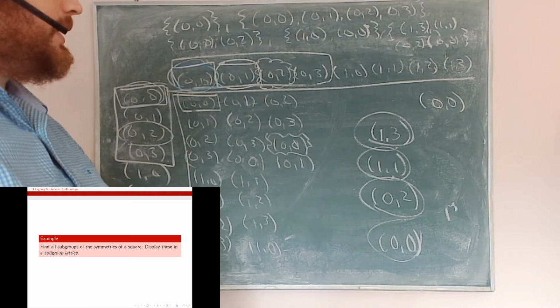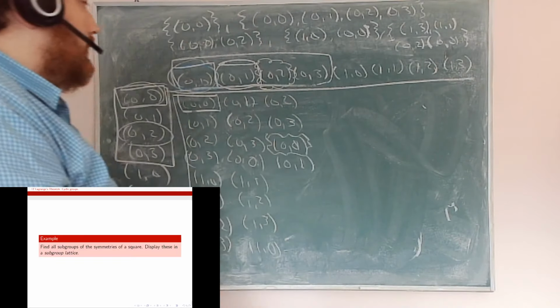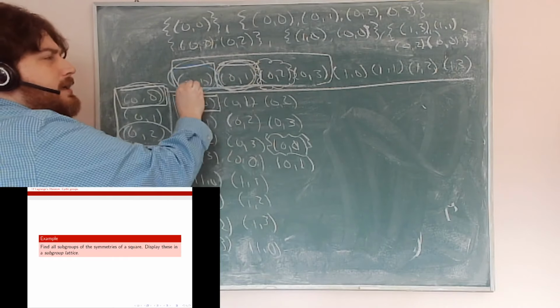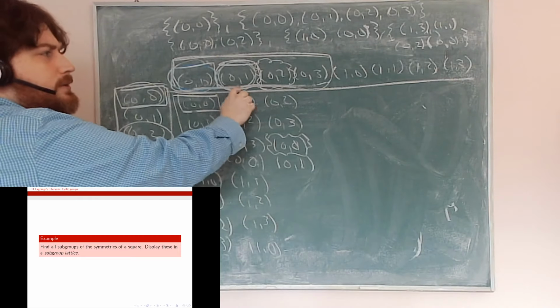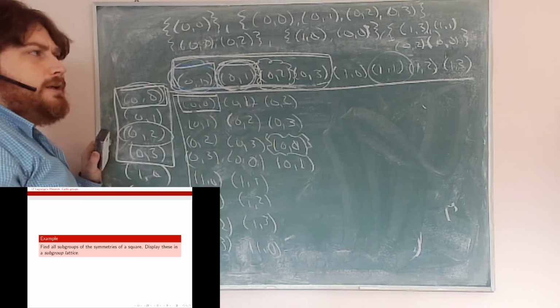I know this is taking a while, but now I have to do 2 at a time. What I wanted to point out is when I picked (0,1), I had a 4-element subgroup, right? So if I pick (0,1) with any one of these elements in it, what do I have to get?